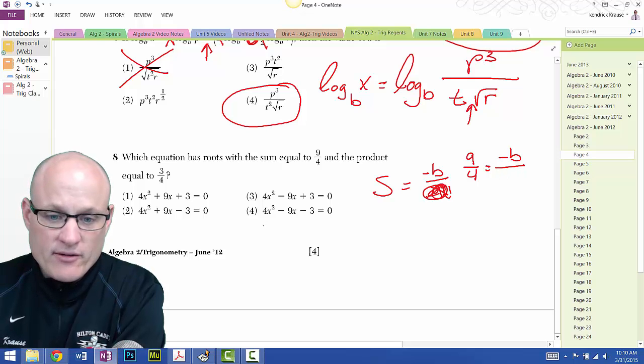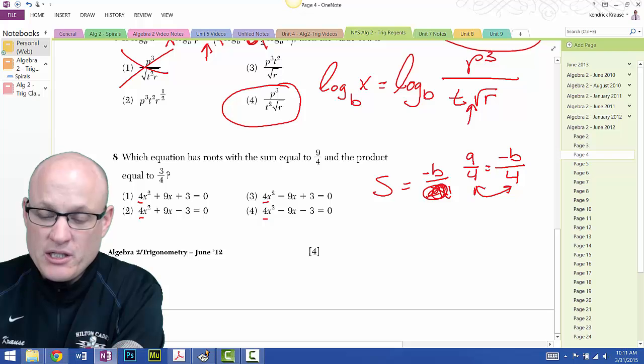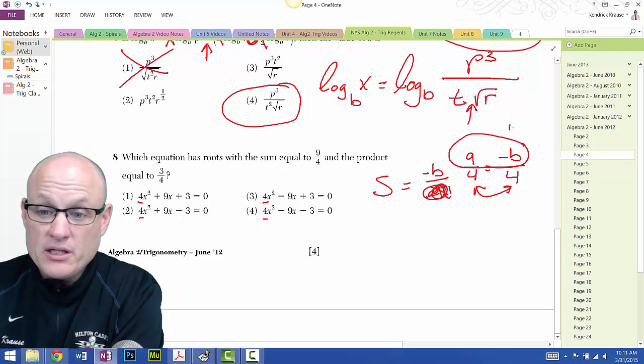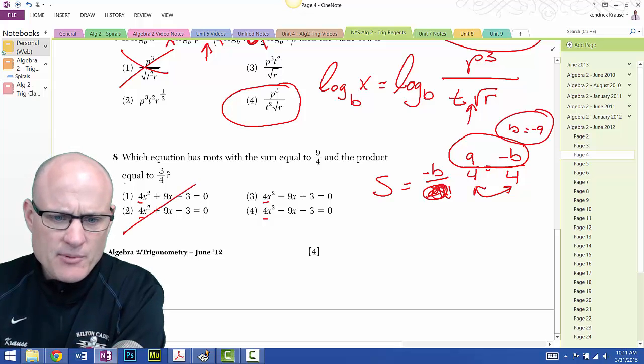Now look at all the a values. I can't make a 1 because they made a 4. So I already know that a is 4. If a is 4, then what should b be? Negative b is 9. Therefore, b should be equal to negative 9. Boom, done. Can't be these two.